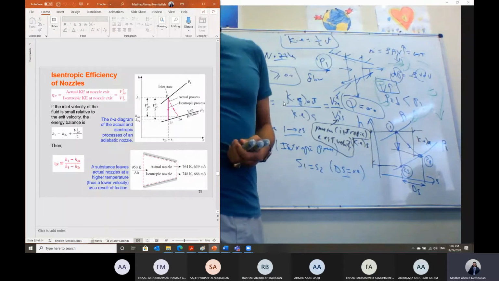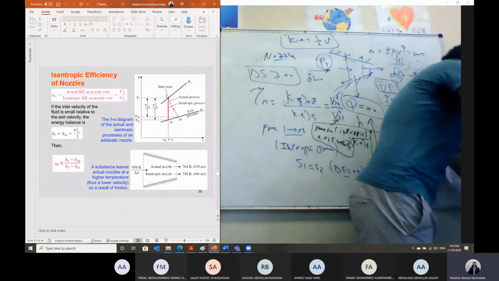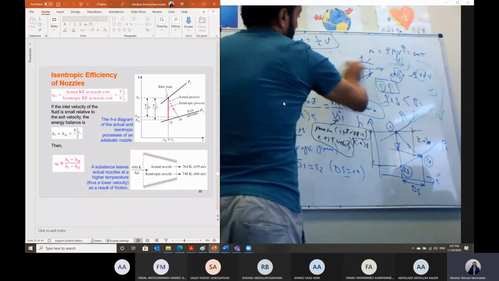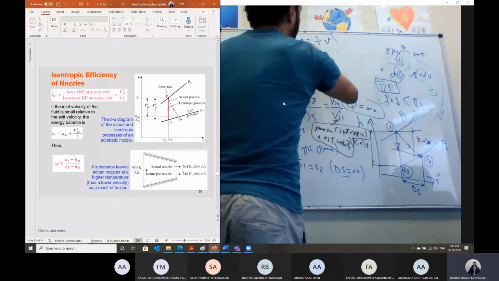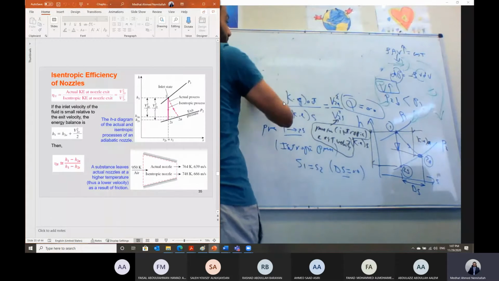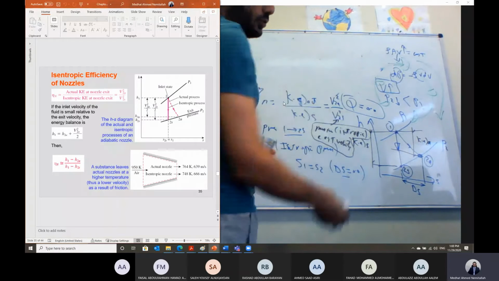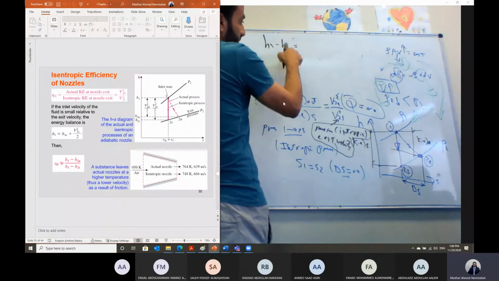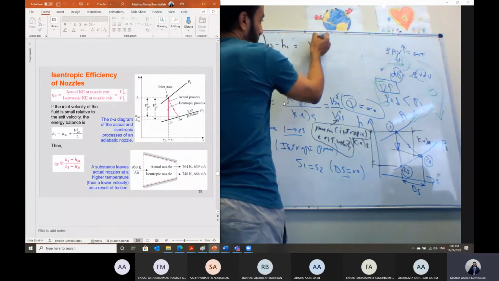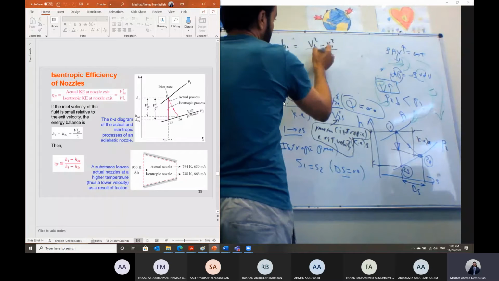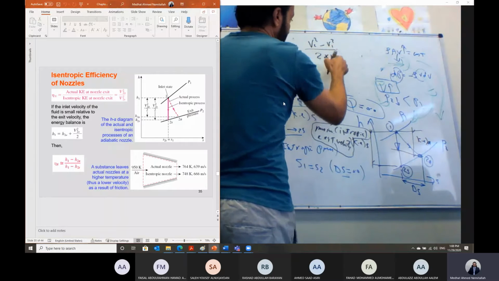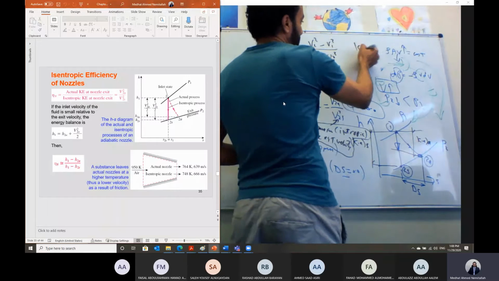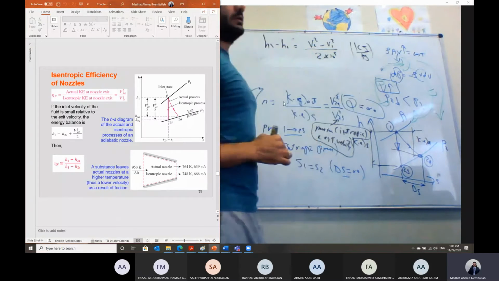But if we apply the first law of thermodynamics for this nozzle, if you recall, for a nozzle we don't have heat transfer, we don't have work, and we resulted that H1 minus H2, enthalpy at the inlet minus enthalpy at the exit, should equal to V2 squared minus V1 squared divided by 2, and we said we have to divide by 10 to the power 3, so that the whole term is in kilojoule per kilogram.